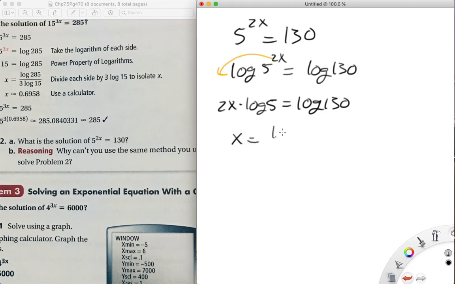So x is equal to log of 130 divided by 2 times log of 5. And that gives me that x is equal to 1.51.